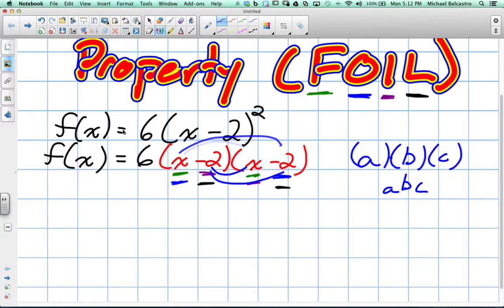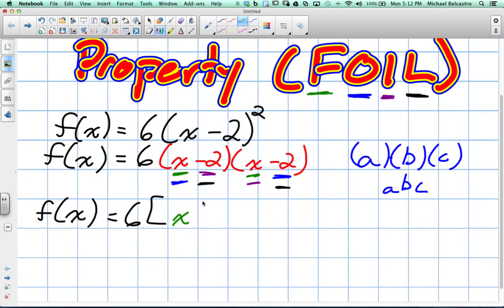So we're going to go through that FOIL. In green, what is x times x? It's going to be x squared, that's right. So we got my first term. The outside terms we did in blue: x times negative 2 is negative 2x.